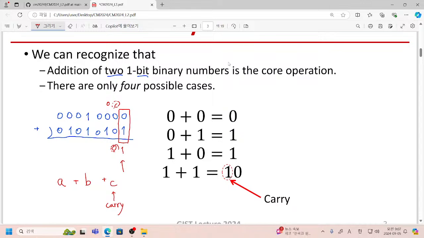The sum of these three binary numbers is done by a subsystem called a full adder. Here, full means that we are also considering the carry bit. But even this full adder can be implemented with just the sum of two binary numbers, and if we perform this addition operation twice sequentially, then we can implement the full adder.